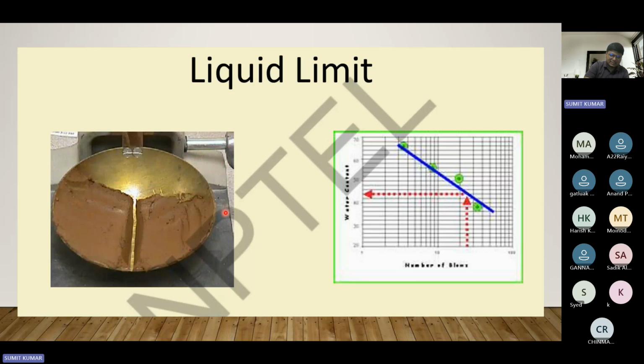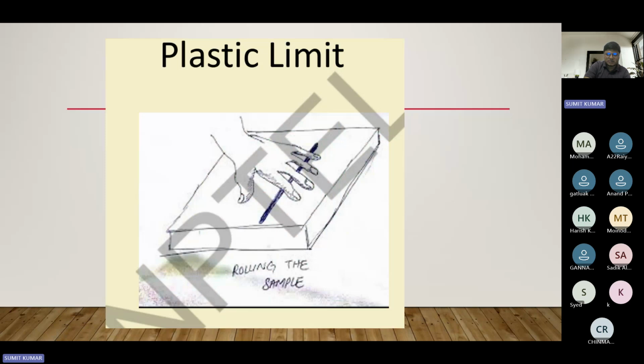And the liquid limit and number of blows graph is drawn. Similarly, for the plastic limit, we take soil and roll it on a glass.